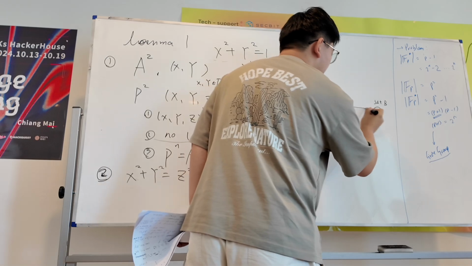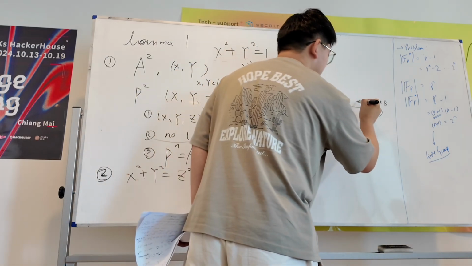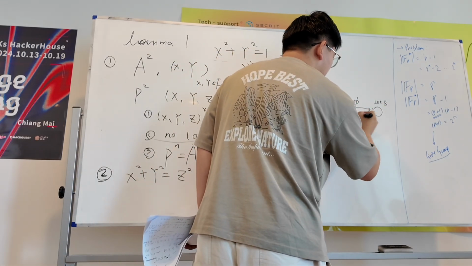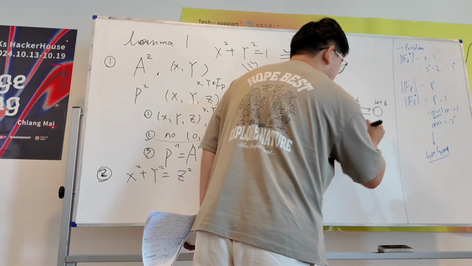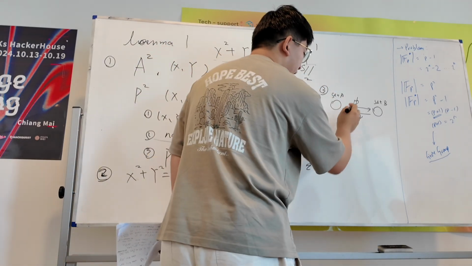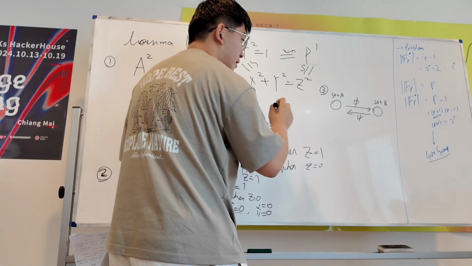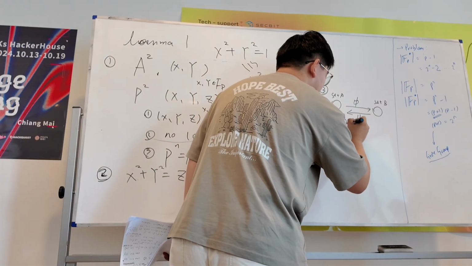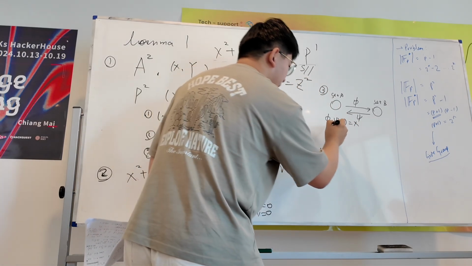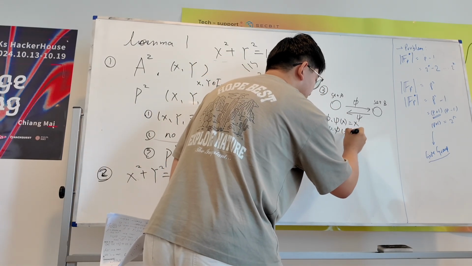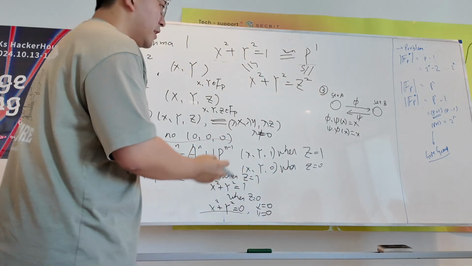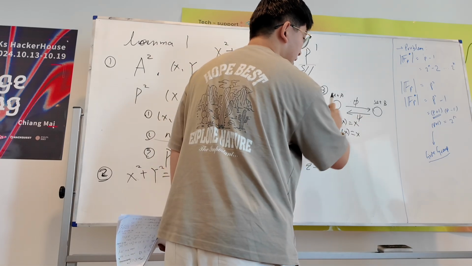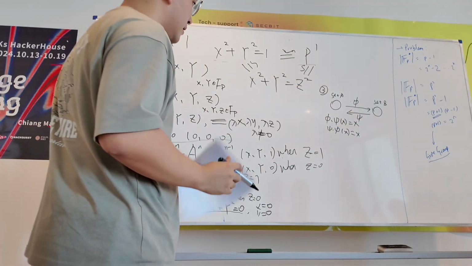We can find a map from set A, let's call it phi, and we find another map from set B to set A, we call psi. And phi and psi have a relationship: psi of phi of x equals x, and phi of psi of x equals x. If we can find phi and psi, we can find the isomorphism between the two sets.